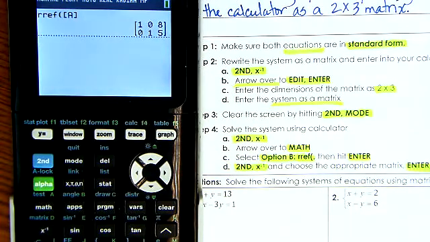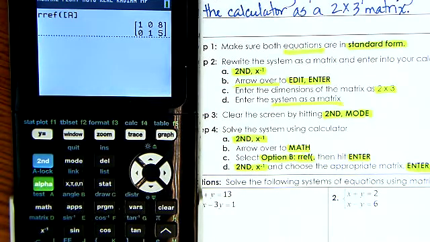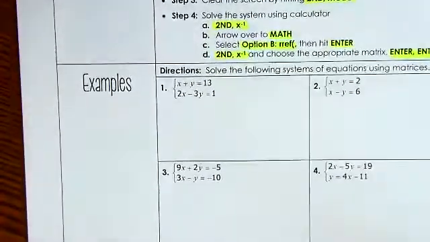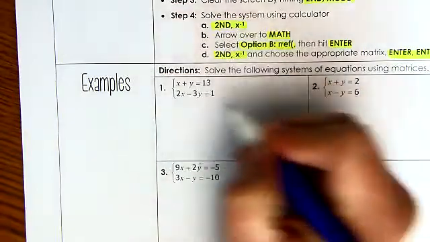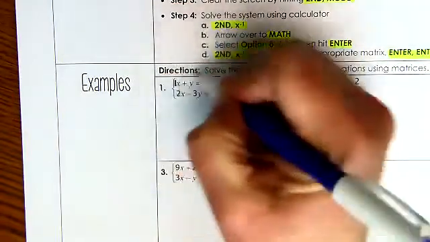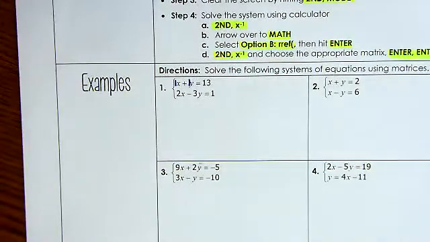Let's go through the motions again with the actual system. Okay. Looking at number 1. Okay. When I'm looking at this right here, I need to know what are all the coefficients. The coefficient in front of the x is a 1. The coefficient in front of the y is a 1.